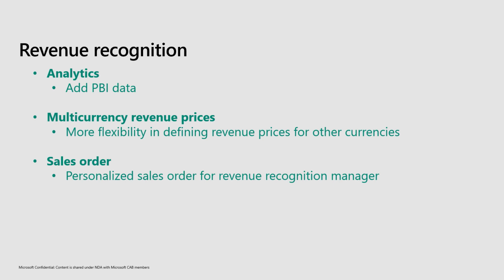We want to ship out of the box a personalized sales order view for just the revenue recognition manager when we have that functionality available. I think you probably saw that from Jason Green in a client session. That is where we want to go, to streamline the information to the manager and what they care about from a revenue recognition perspective. We believe that can also be linked specifically to that role so that they don't have to pick that view every time they go in. So those are some of the things we're looking at for the future.